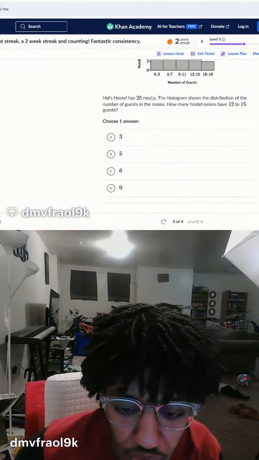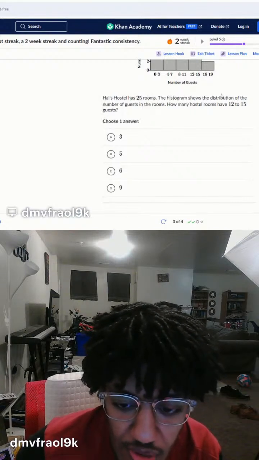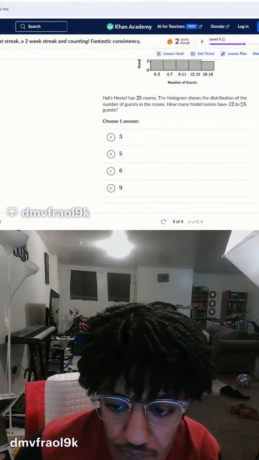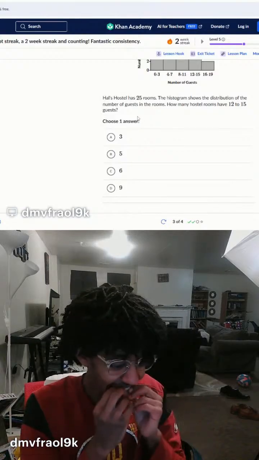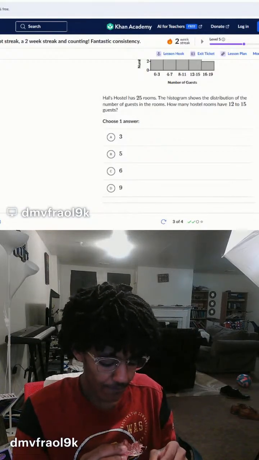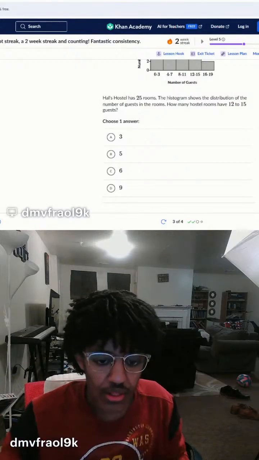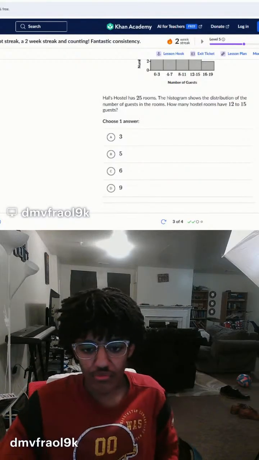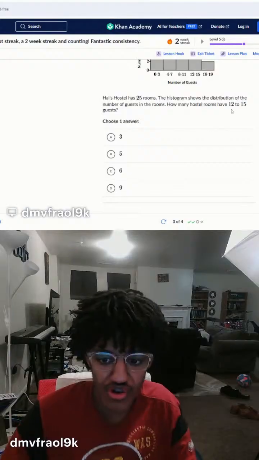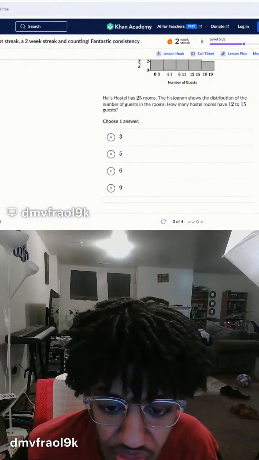Hollister has 25 rooms. The histogram shows the distribution of the number of guests in the room.